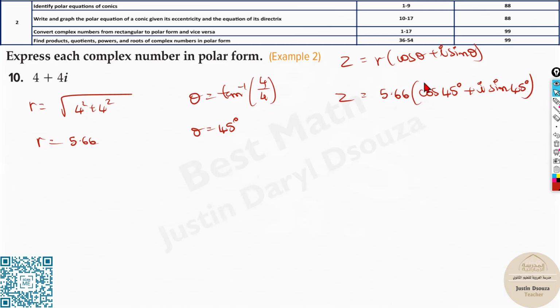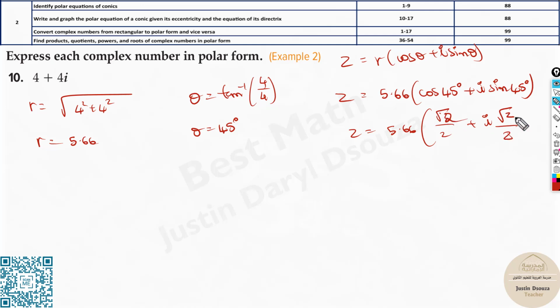So this is it. Now if you start simplifying this, if you put this in the calculator and solve, eventually you'll get this answer. You know what cosine 45 is? Cosine and sine 45 are both root 2 by 2. There's no need of doing this, but if you do, it's root 2 by 2 plus i times root 2 by 2.